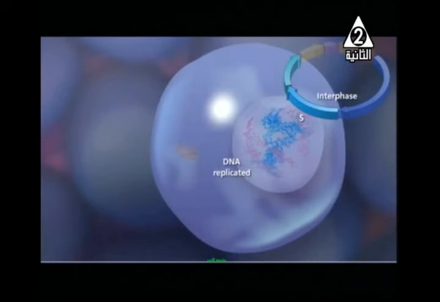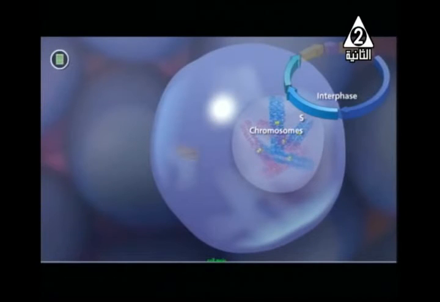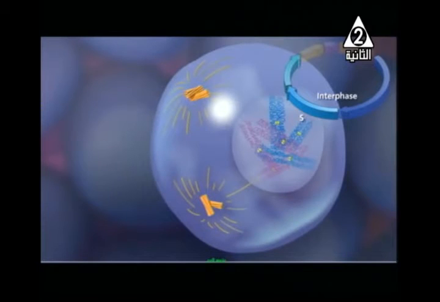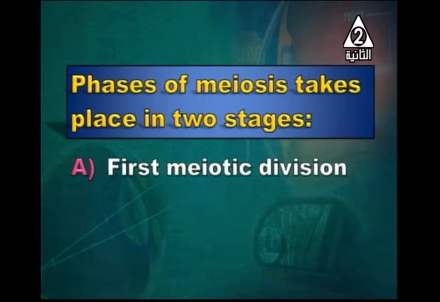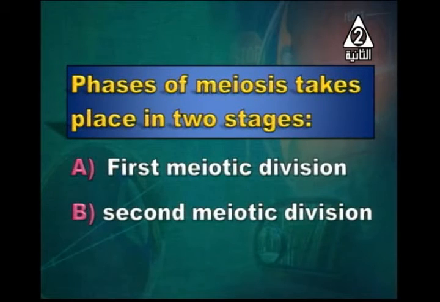Also, it duplicates its genetic material and prepares itself for the other stages of the division. Meiosis takes place in two stages: the first meiotic division and the second meiotic division.